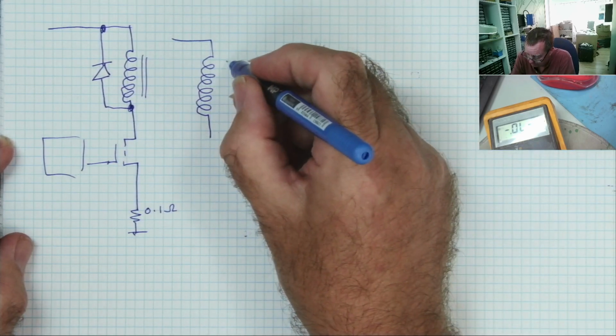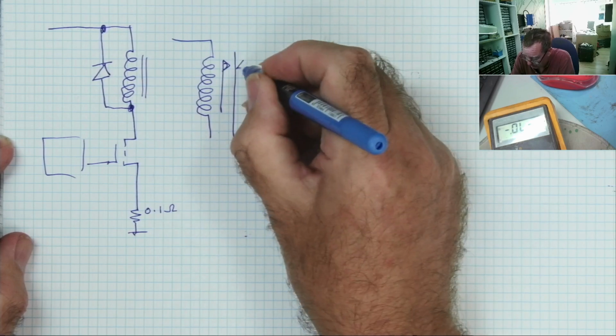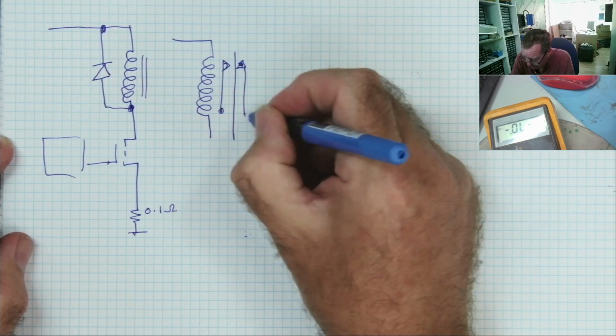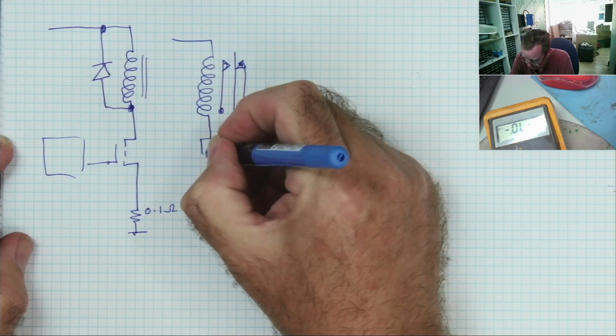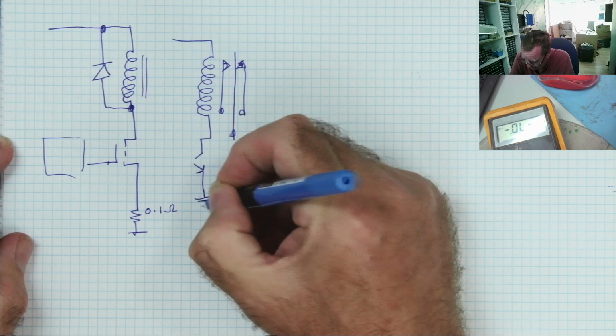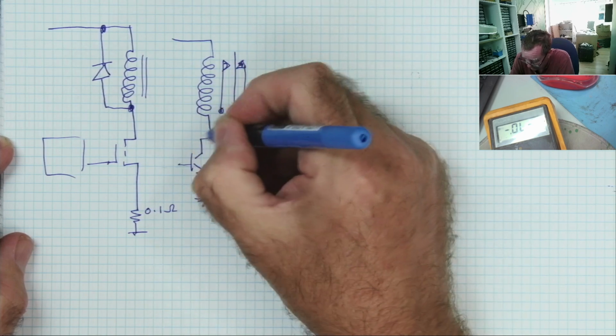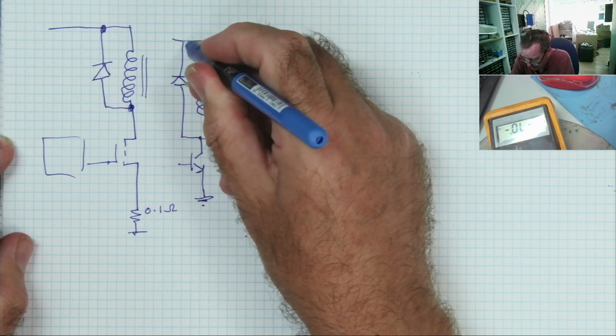The other one I've just drawn is very similar. A relay. Transistor switching the relay on or off. Ground, base, and from here to here for the same reason, a diode.